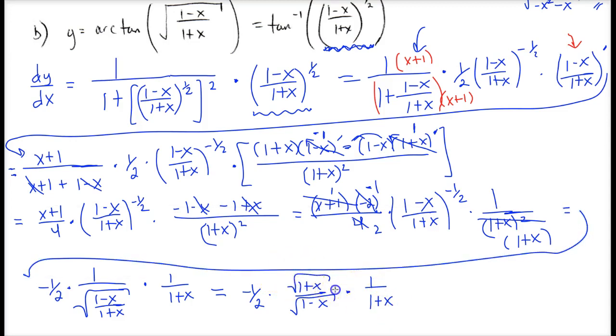So if we did this, this part would go to 1, and this part would end up going to the square root of 1 plus x. And then we know that the square root of 1 plus x and the square root of 1 minus x could combine together to be the square root of 1 minus x squared. And then, of course, we still have that 2 that's there.